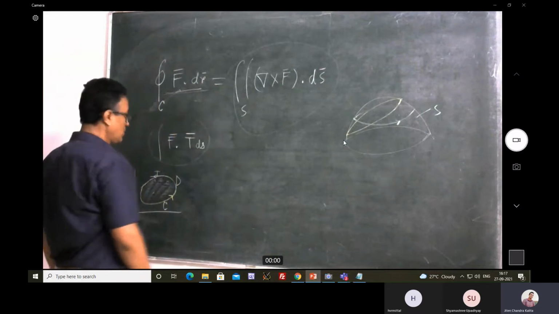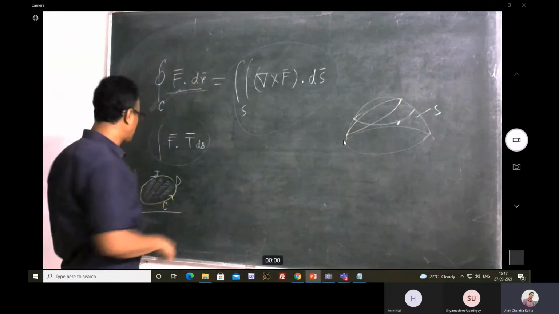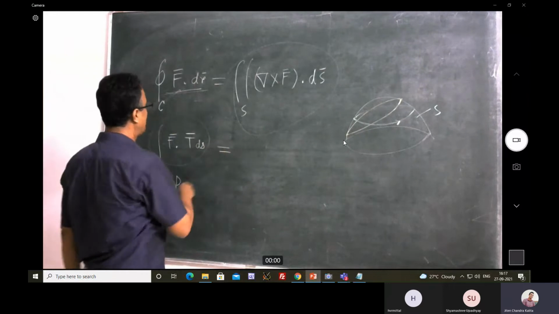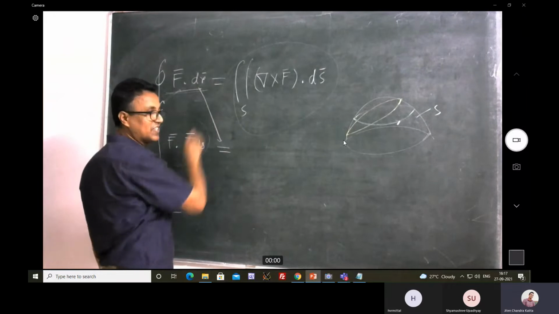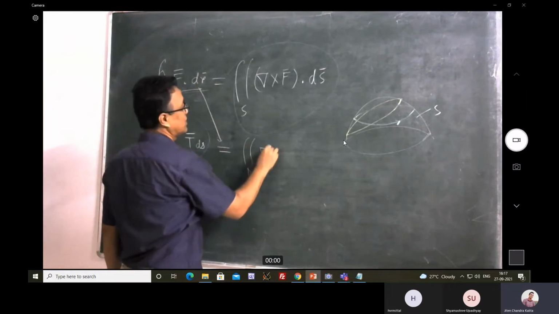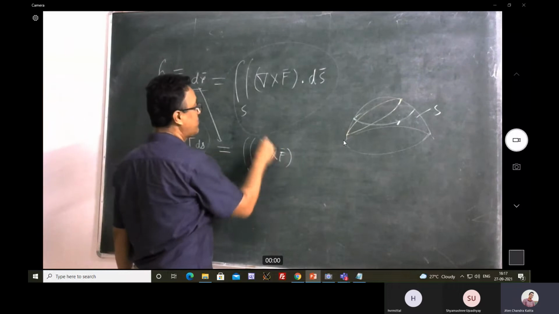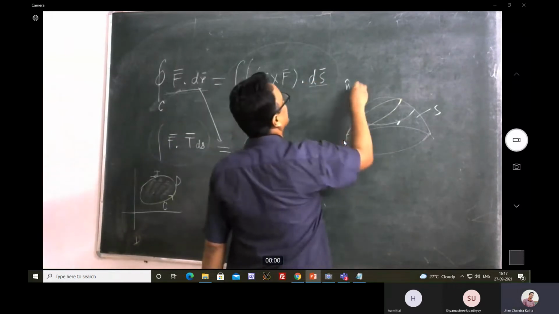Suppose I consider this surface to be lying on a 2D plane. So then, if you recall, what happened to that? This integral was becoming what? If you recall, it became this curl of F, and then this ds was nothing but n cap ds.